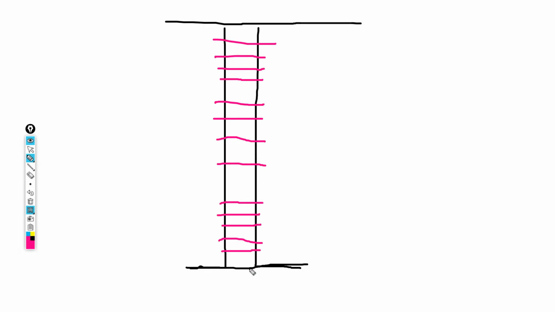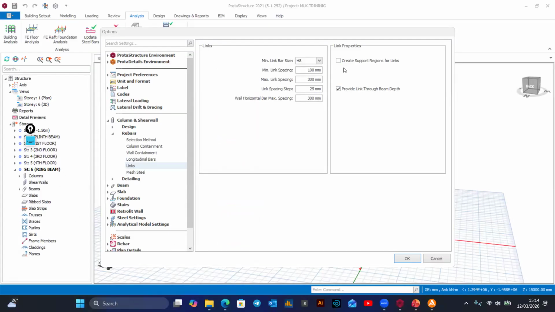For them, they'll have uniform spacing. So also when you design for uniform spacing, unless you're going to be there and enforce this kind of reinforcement curtailment. Okay, so that option, leave it unmarked.